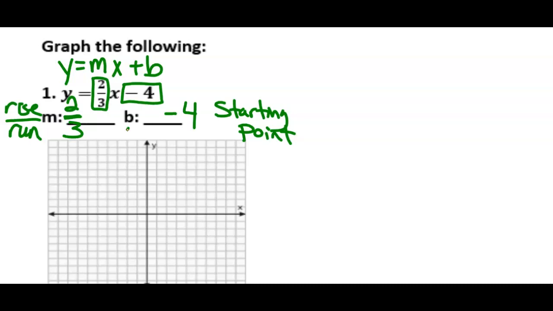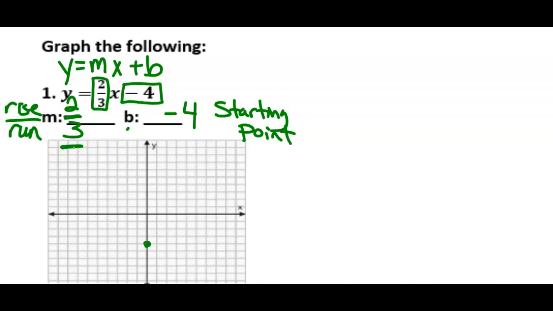Which intercept is this? It's my y-intercept. So that's this axis. If my number is negative, am I going to go up or down 4? I'm hoping you said down 4. 1, 2, 3, 4. Put a dot. And now from that dot, I do my rise over my run.